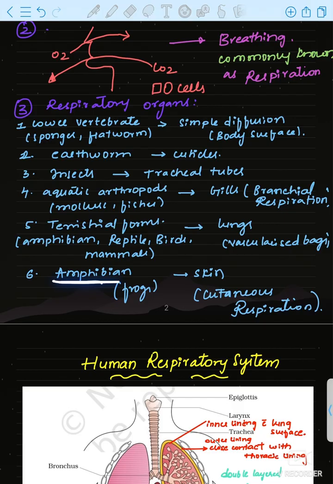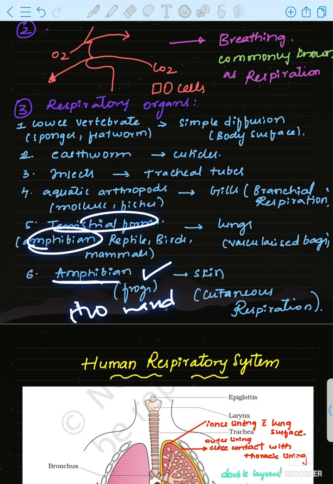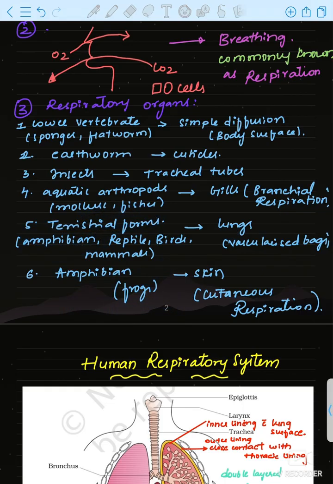Next one is amphibians. Amphibians live in water as well as on land, so the terrestrial form of amphibians will have lungs, and some amphibians like frogs, which live in both land and water, have skin through which respiration will occur. That is called cutaneous respiration.